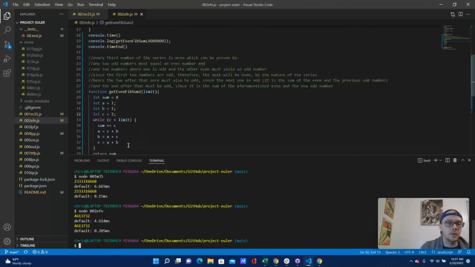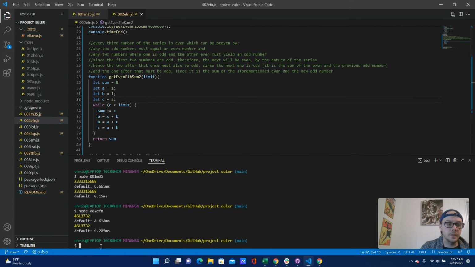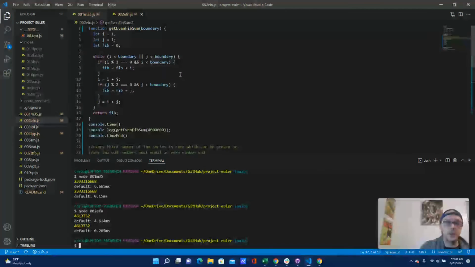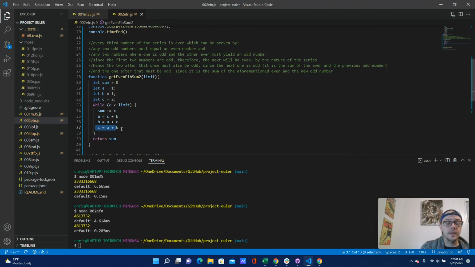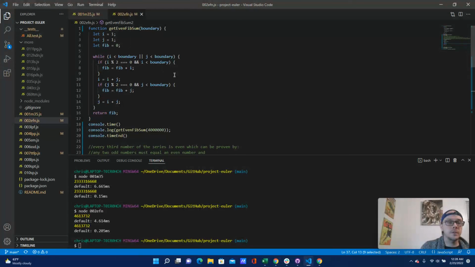But regardless, we notice a marked improvement because this loop is making 33% fewer go arounds. There's no if checks to make sure that it's even, because we know that mathematically it has to be even. There's no concerns about making sure anything's ever below the boundary limit.